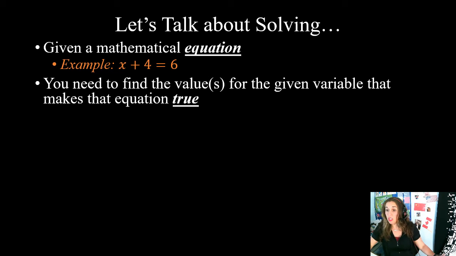Like I mentioned, this is very different than a mathematical expression. I'm going to quickly write an example of an expression up here. So 4x, that's a mathematical expression. We could literally plug any value in for x, and we would get different values out. So if we plugged x equals 1 in, 4 times 1 is 4. If we plug x equals 2 in, 4 times 2 equals 8.